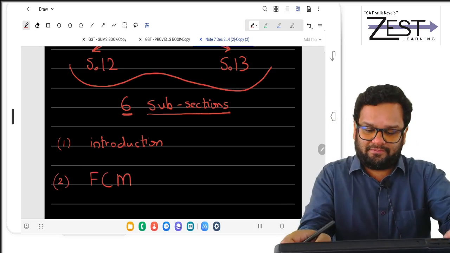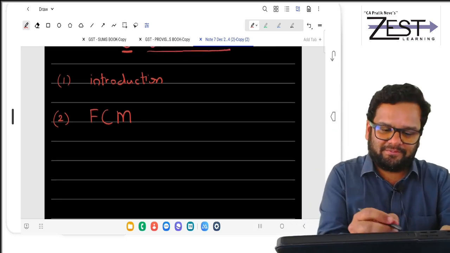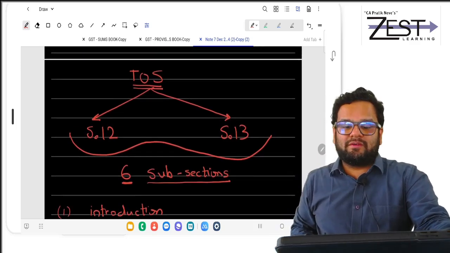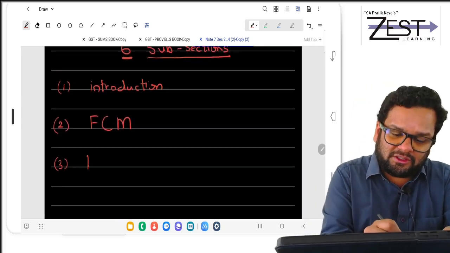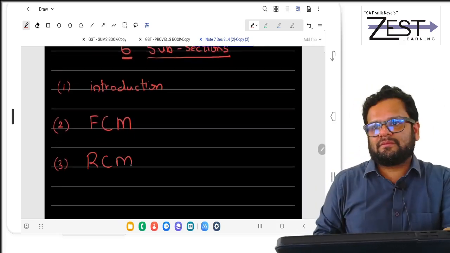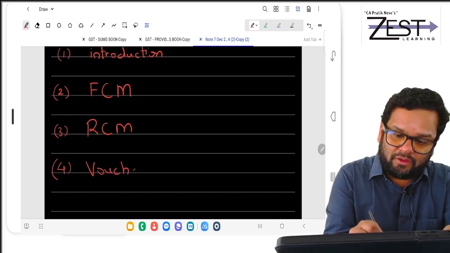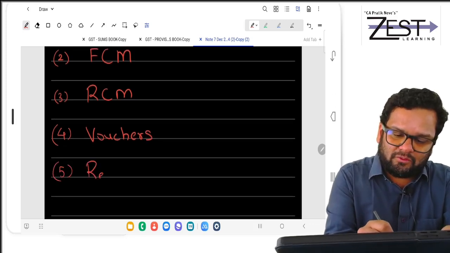What is FCM? Forward charge mechanism, meaning the supplier is liable to pay GST. When the supplier is liable to pay GST, how will he identify time of supply? That is discussed in subsection 2. Subsection 3 is RCM. Subsection 4 is vouchers. Subsection 5 is residuary.